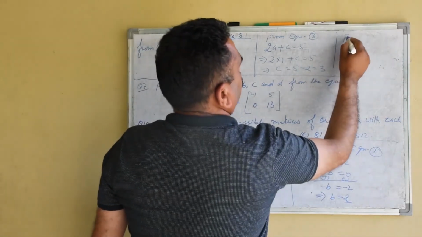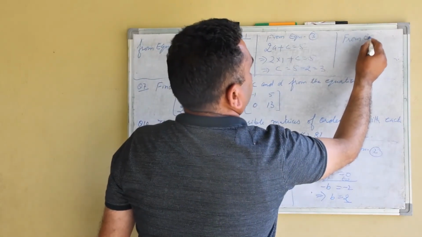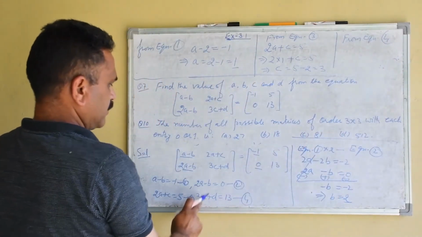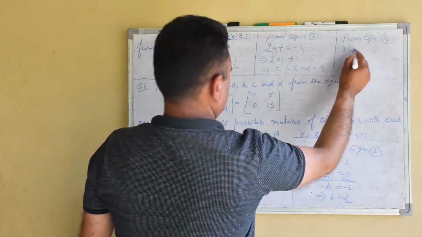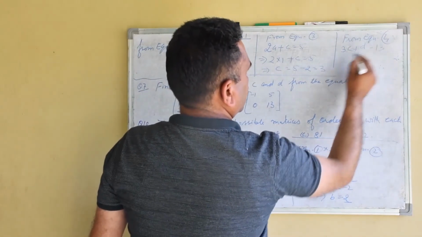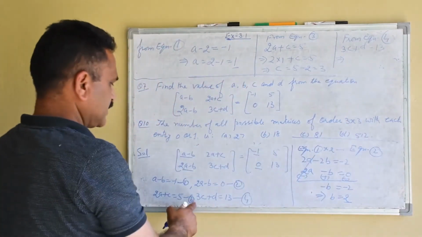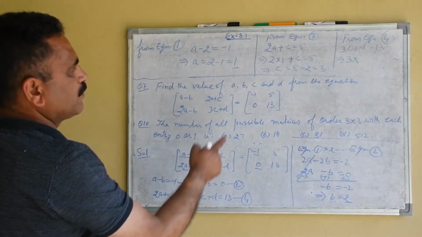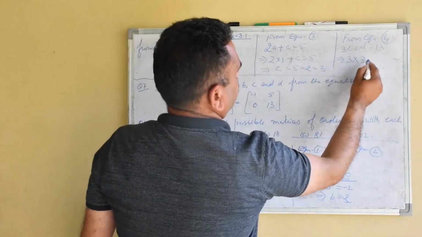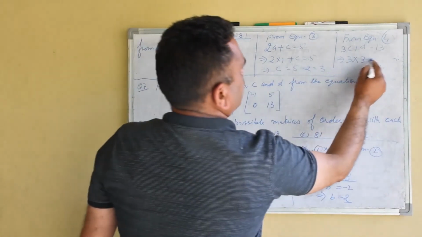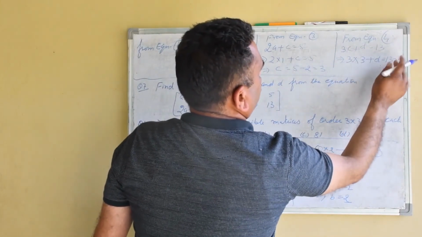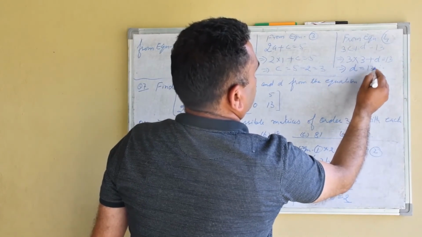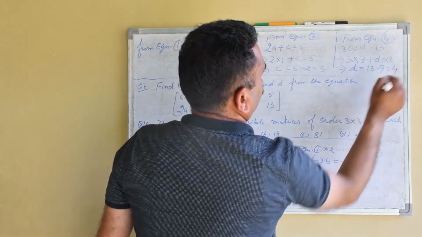From equation 4, we have 3c plus d is equal to 13. This implies 3 into 3, since the value of c is 3, plus d is equal to 13. So this implies d is equal to 13 minus 9, which is 4.